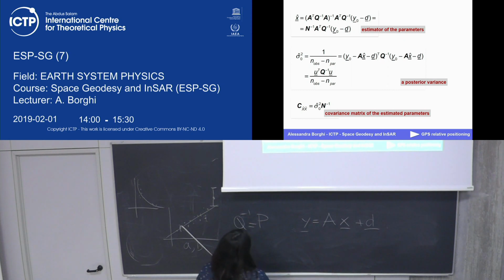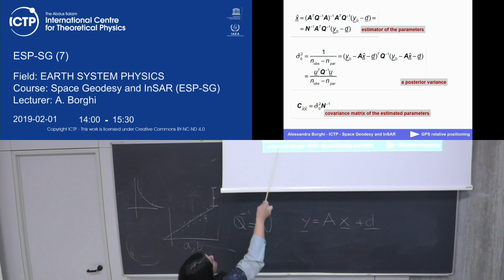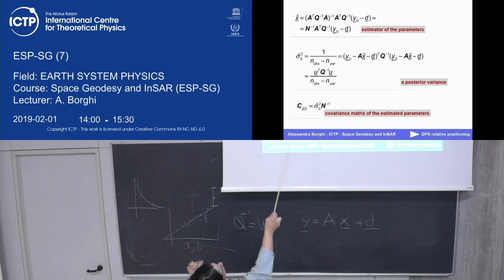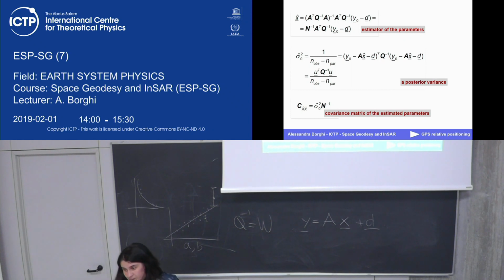In Italian P, but in an English book with a W, as the weight of the observation. And the important thing of least squares is that we can have an estimation of the unknown parameters, but also of the precision of the parameters.